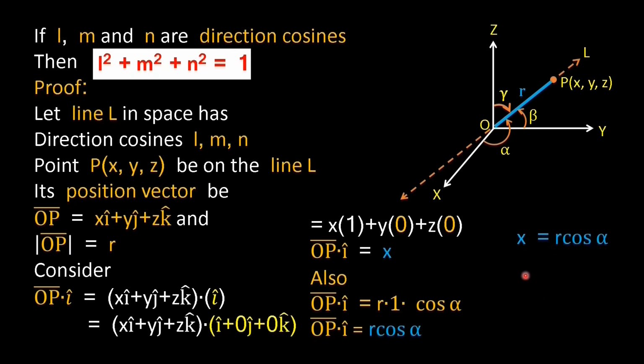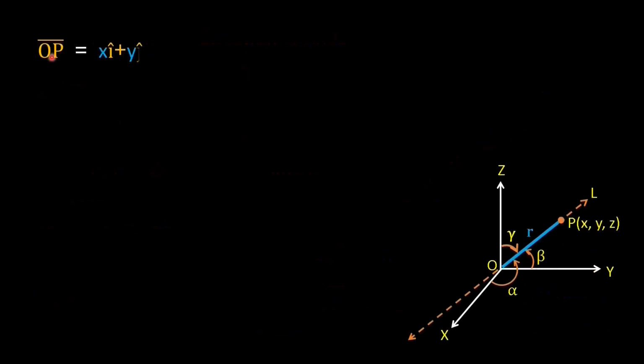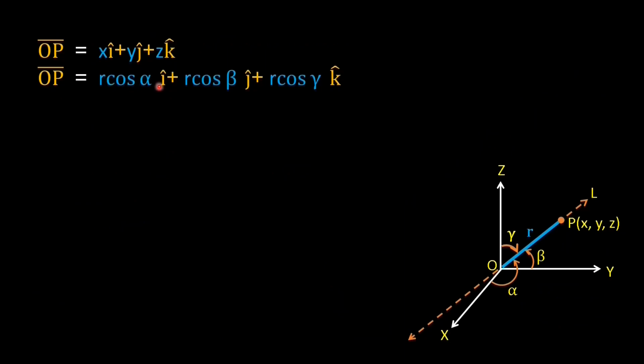On the same lines, we can prove that y equals r cos beta and z equals r cos gamma. We got OP bar equals x i cap plus y j cap plus z k cap, which will be r cos alpha i cap because x is r cos alpha, r cos beta j cap because y is r cos beta, plus r cos gamma k cap because z is r cos gamma.